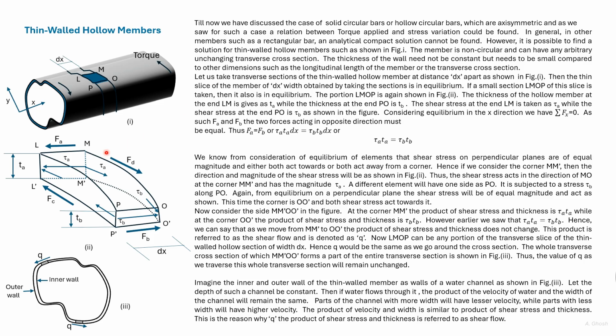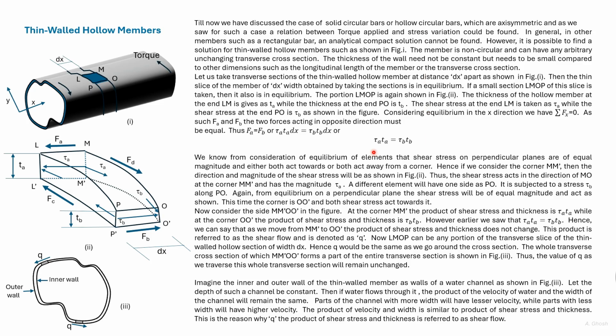If we multiply the shear stress with the thickness at MM dash, then we get tau A into tA. Similarly, if we multiply the shear stress at OO dash into the thickness, we get tau B into tB.